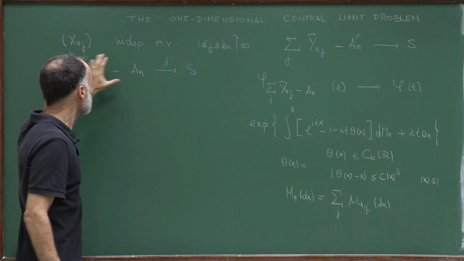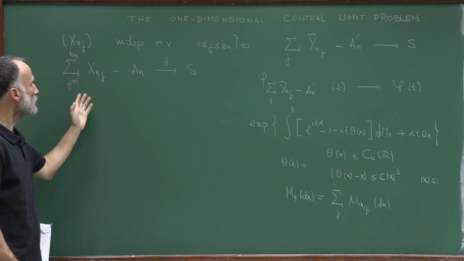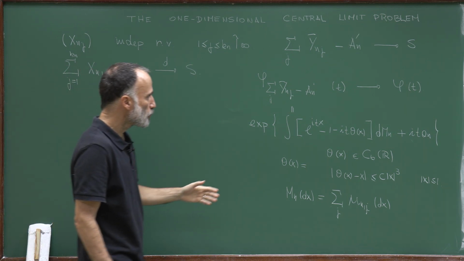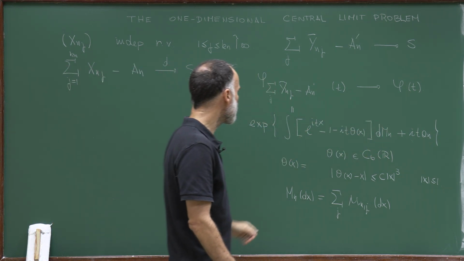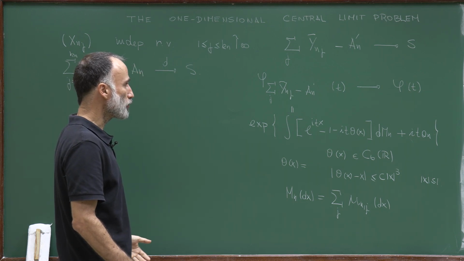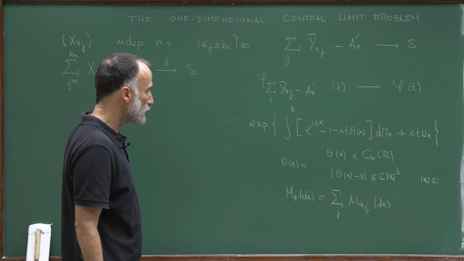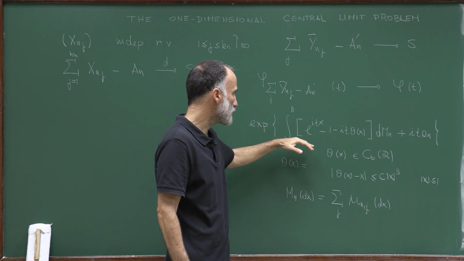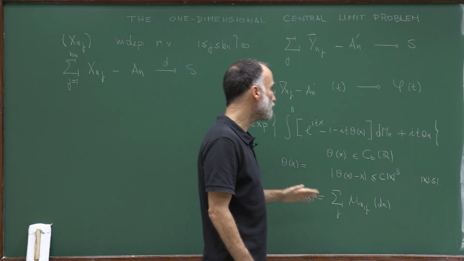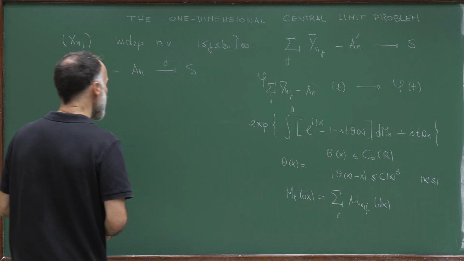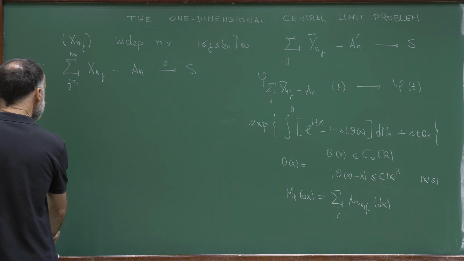So if we want to prove that this limit holds, we have to show that this sequence of characteristic functions converges, and what we want to establish are necessary and sufficient conditions for this to happen. And this is the main theorem of this lecture.